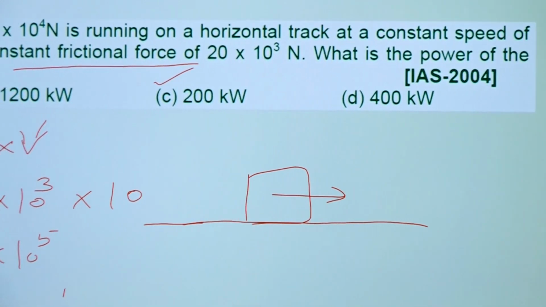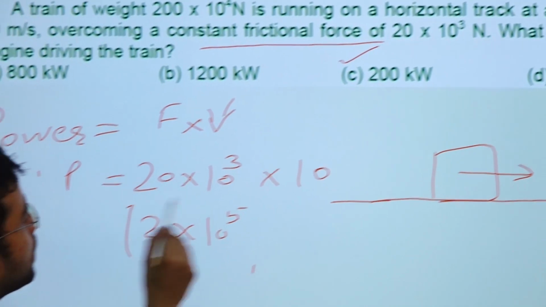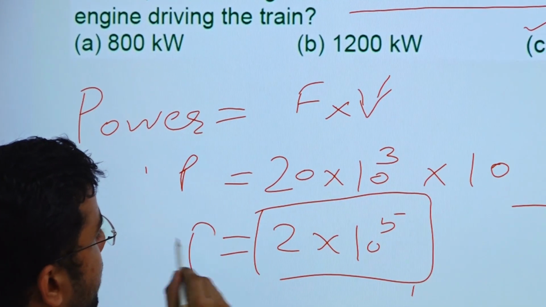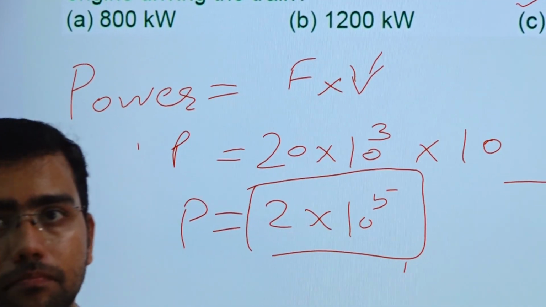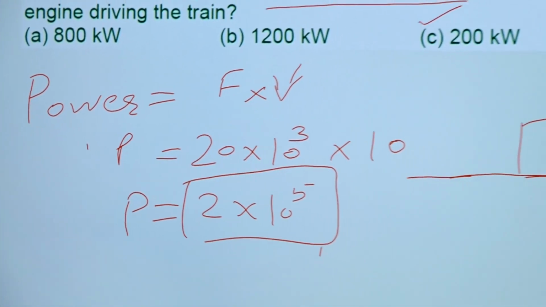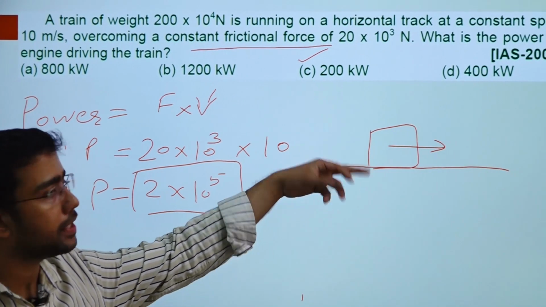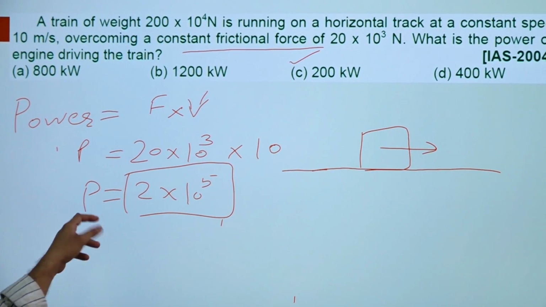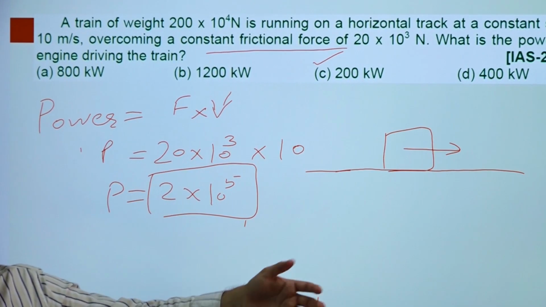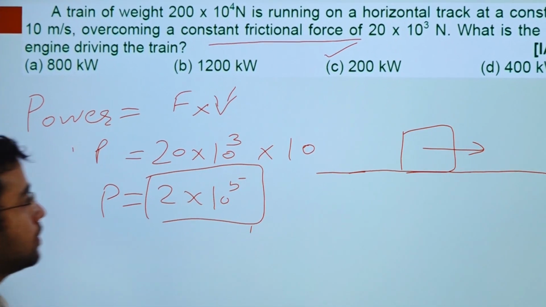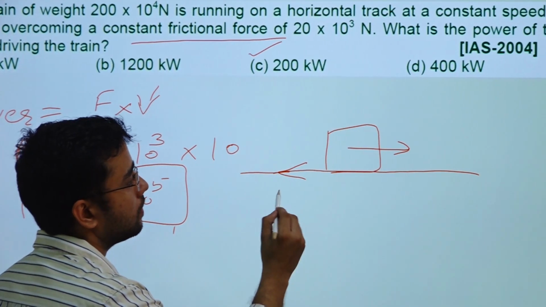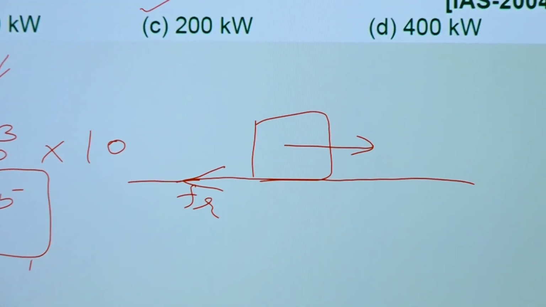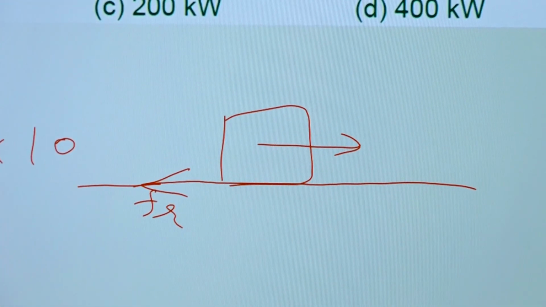So this 2 into 10 to the power 5, that is the power, will compensate the friction. The train is moving because of Newton's first law, not because of this power. Power is just compensating the friction force that is acting here, right? So that is the basic concept behind this question.